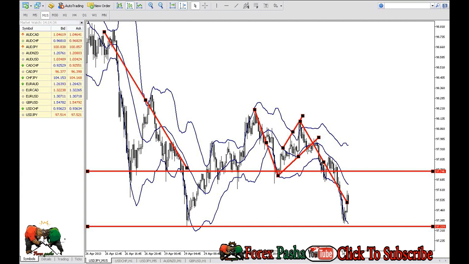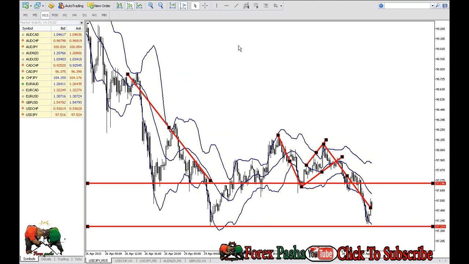So if this flag that we traded in a downwards direction occurred anywhere down here, then you probably wouldn't have traded it, because your win to loss ratio wouldn't probably be 1-to-1. It'd probably be kind of 1/2 to 1, which means you wouldn't have got half as much profit, but you would risk quite a lot of loss. So just remember not to trade past bottoms if you're trading a flag in a downwards direction, and the same, don't trade past tops if you're trading in the upwards direction.